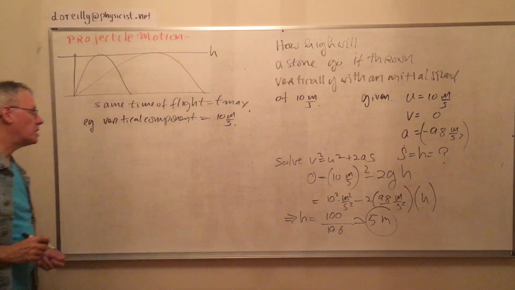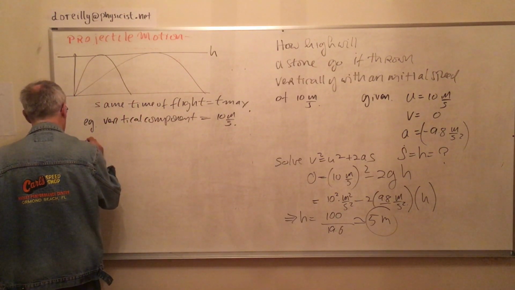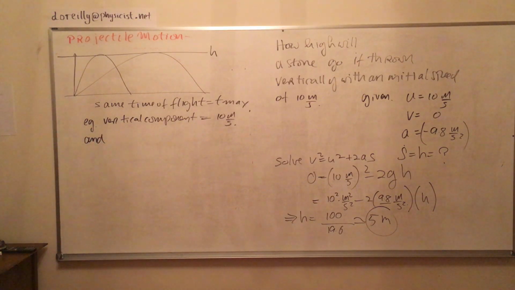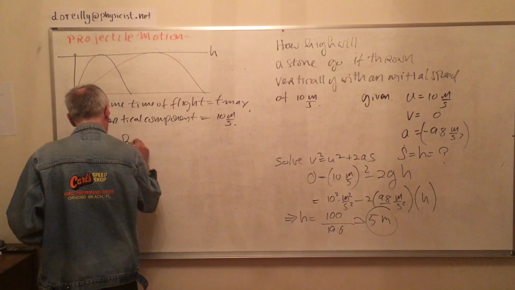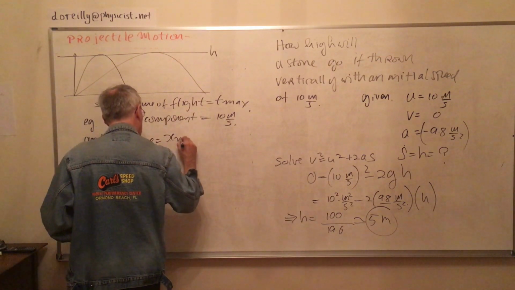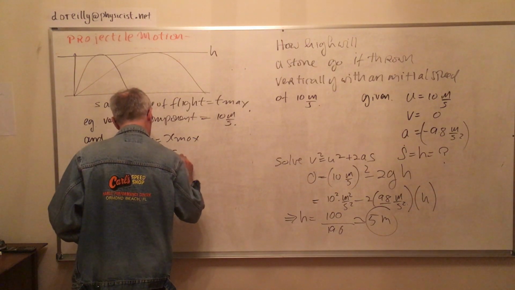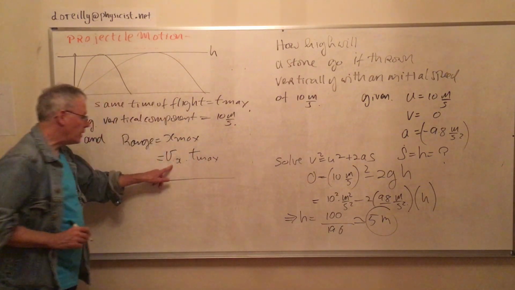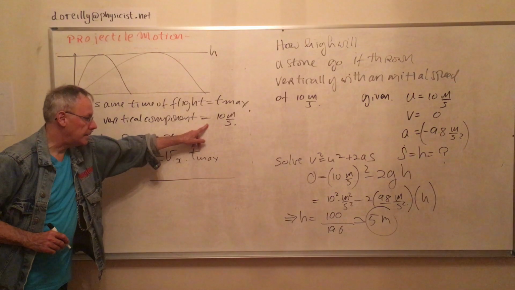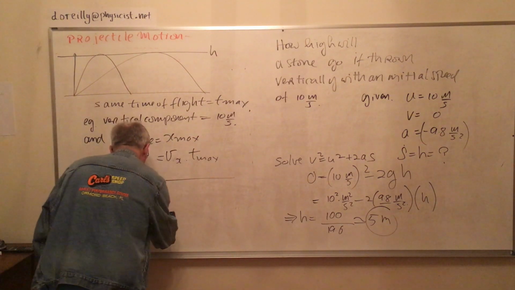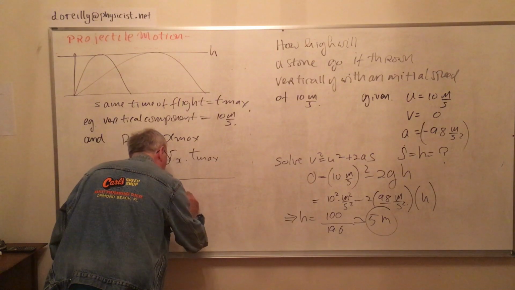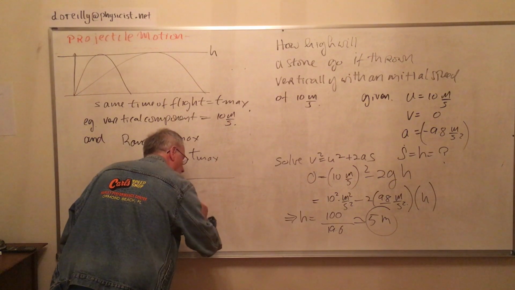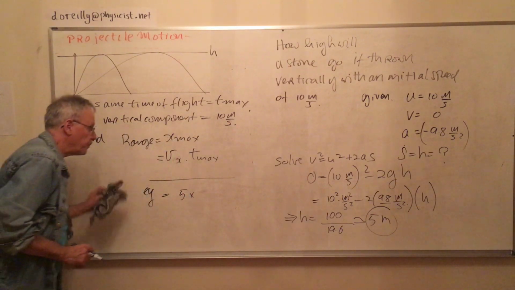If the vertical component is 10 meters per second, well, we could go and find different things. The range is going to be whatever horizontal speed it has times the time of flight. Okay, I forgot to tell you something.